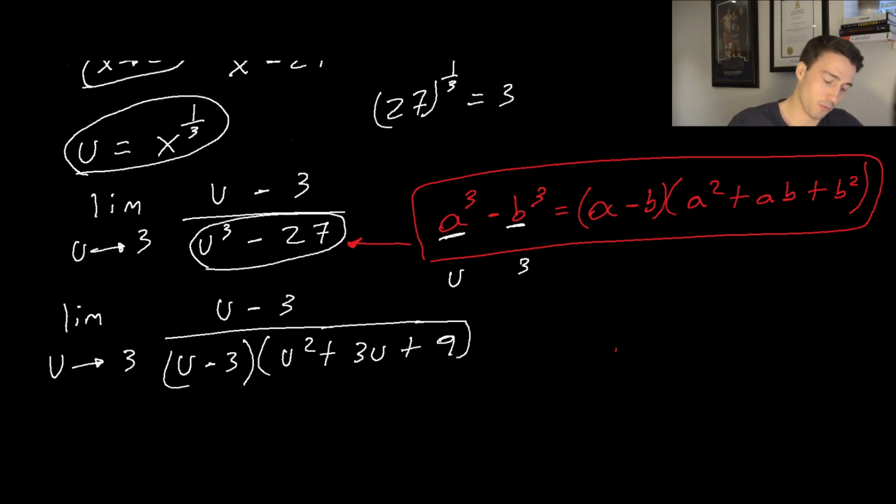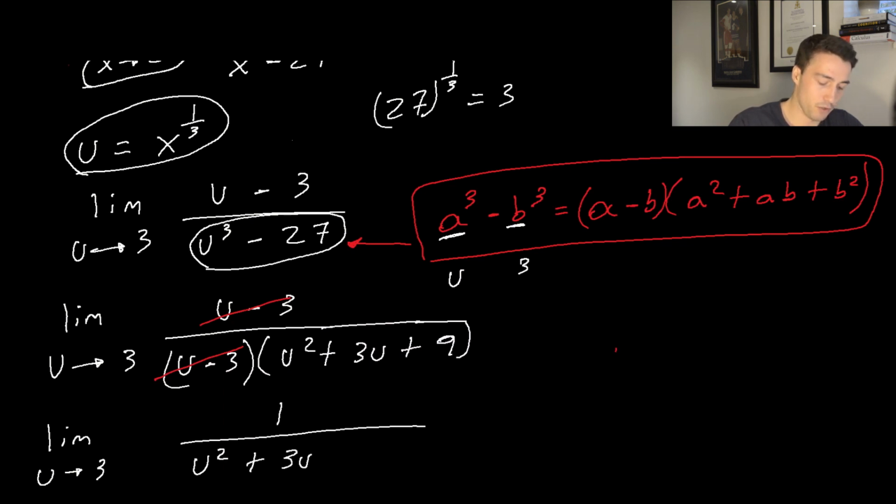Now, what we can do here is cancel this top and this bottom. So now we'll have limit as u goes to 3 of 1 over u squared plus 3u plus 9. Here is when we can now evaluate this. We can plug in this u value of 3 into this function. If we did it before we canceled u minus 3, that would be 3 minus 3, which is 0 in the denominator again, and we can't do that.